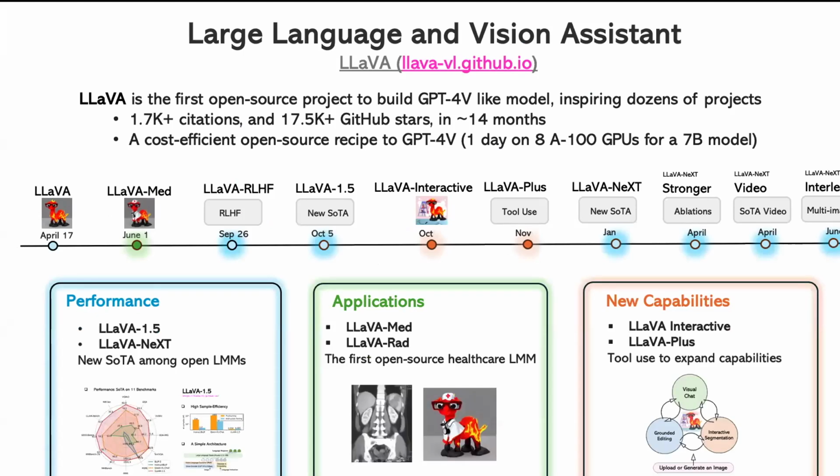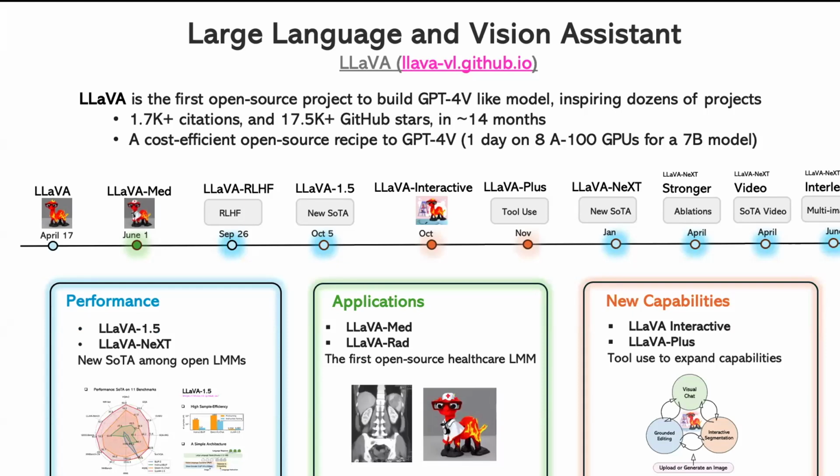More specifically, I will categorize these research projects into three classes. The first one is trying to push the performance limit, trying to replicate GPT-4V using open source data and resources. And projects in this class include Lava 1.5, Lava Next, and the new variants.